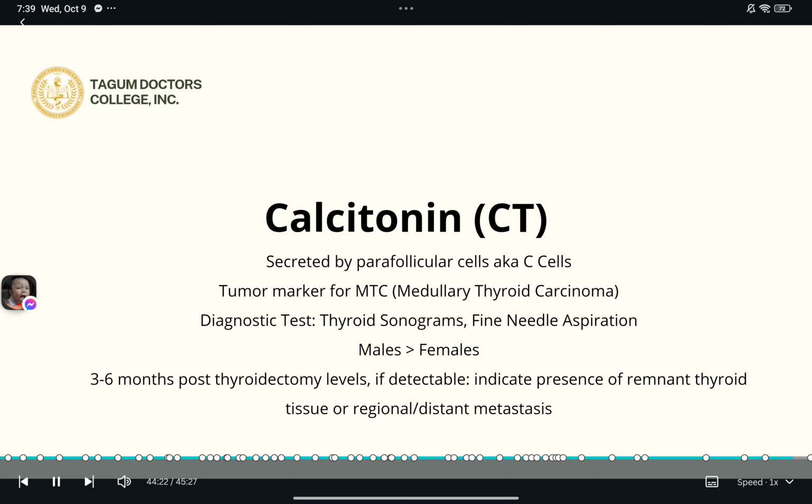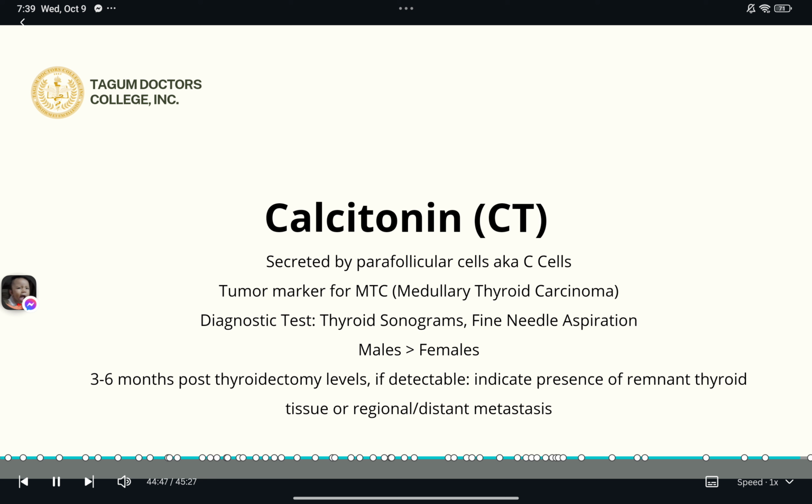Okay, and if detectable calcitonin levels are found, it indicates the presence of remnant thyroid tissue or regional distant metastasis. So, supposed to be 3 to 6 months after thyroidectomy, dapat dili na ito makakita og detectable calcitonin levels.